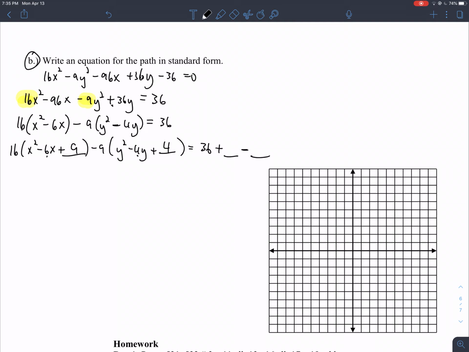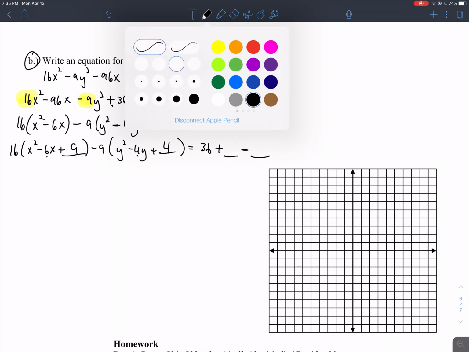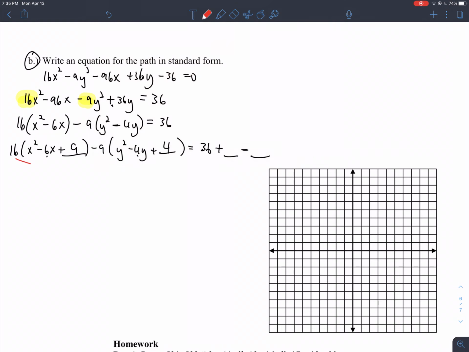So what am I actually adding and subtracting on the other side? 36 plus 16 times 9, and then negative 9 times 4. So I'm subtracting 9 times 4, which is 36, on both sides. If you do the math there, what do I get?